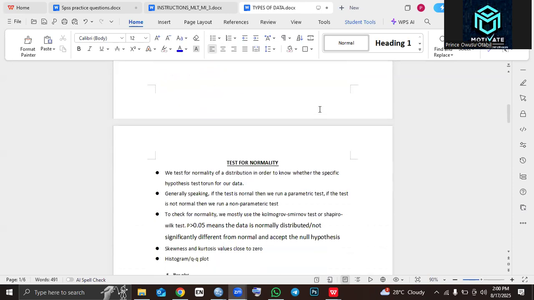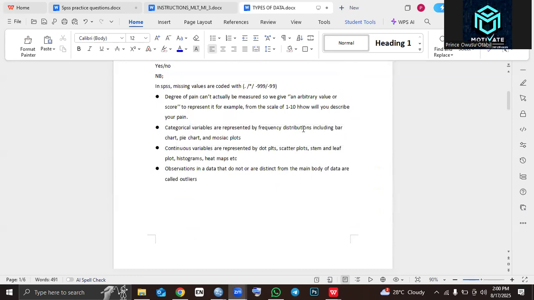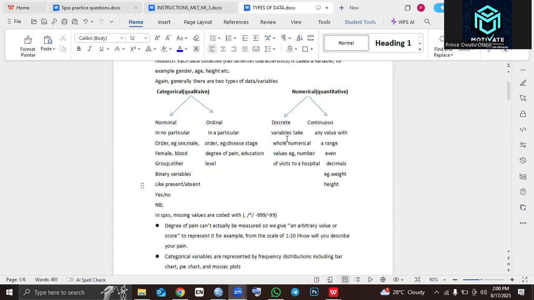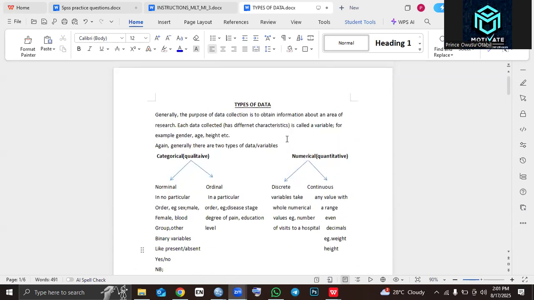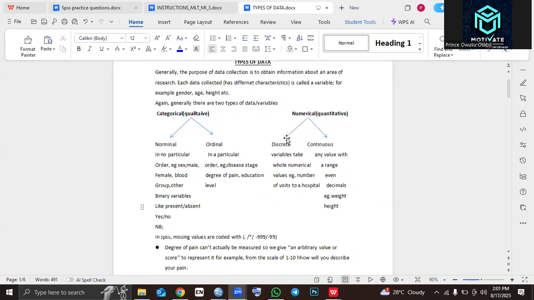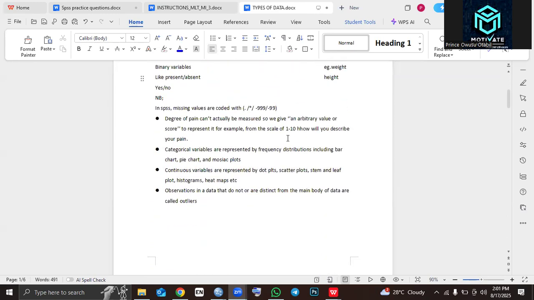So moving on. Now that we understand the difference between the types of data sets we can have in SPSS, we can test if the data set is normally distributed in the population or not. What do I mean by that?